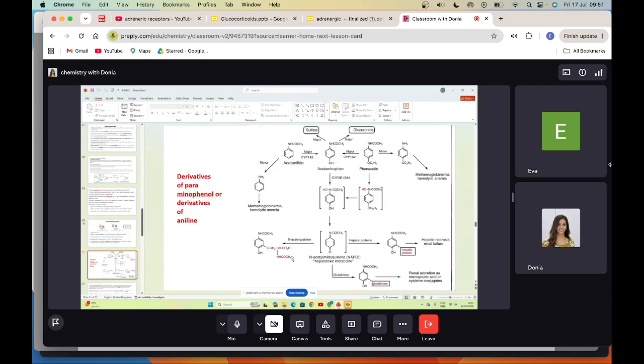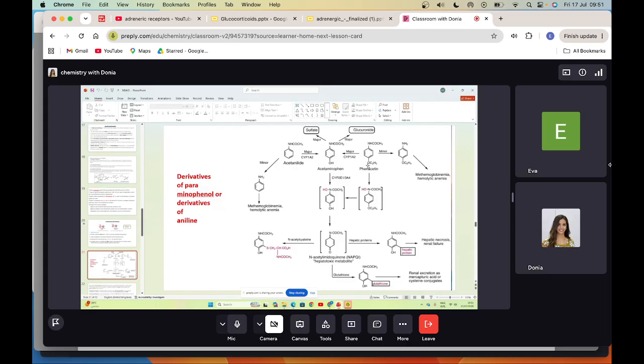Here we have another drug, but actually it's not a well-known drug, called phenacetin. It's similar to acetaminophen, but instead of OH, we made OC2H5. We made an ether.